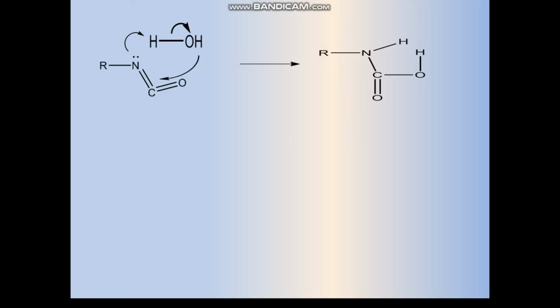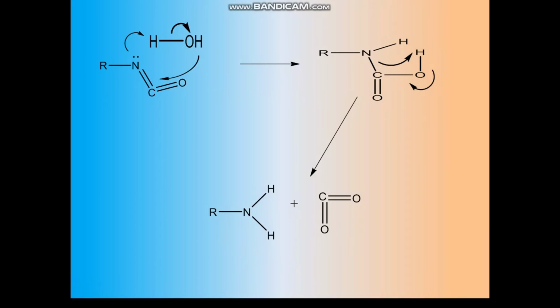Now what happens next? This carbon dioxide could have departed if this nitrogen takes up the proton, right? So as we said, this has happened, leading to the formation of the product, right?